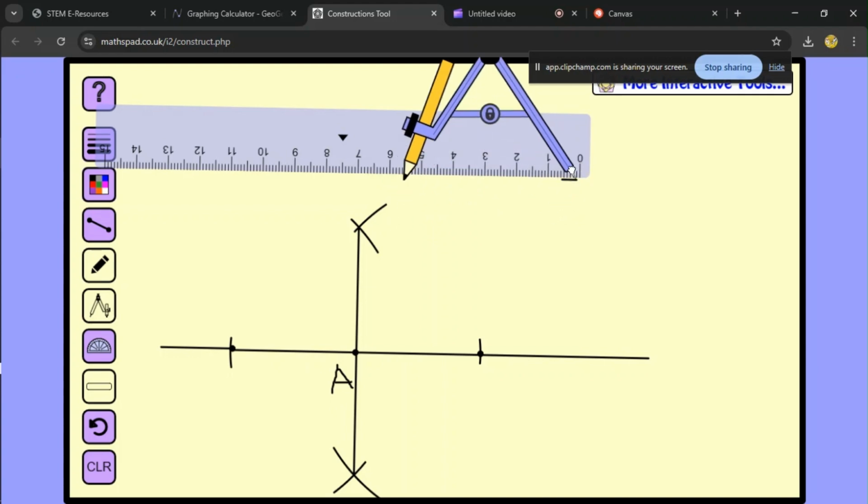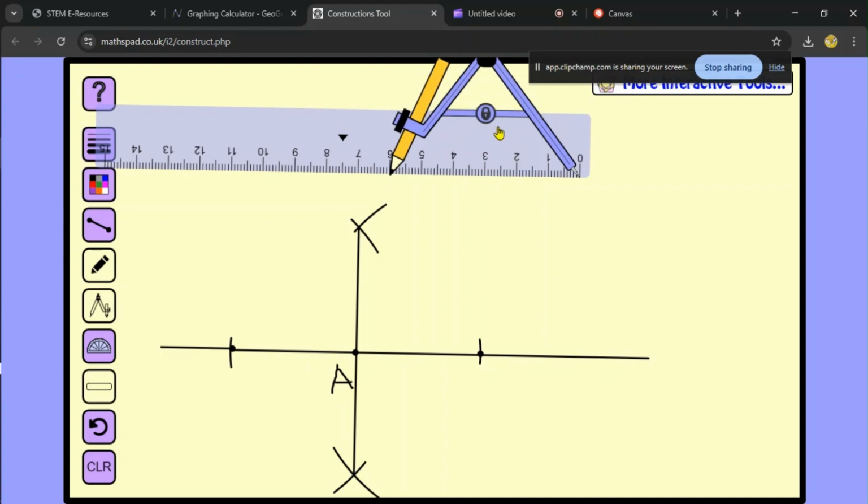Sorry for that. So begin from 0. Then you measure 6. This is 5, 6. 6 is somewhere there.